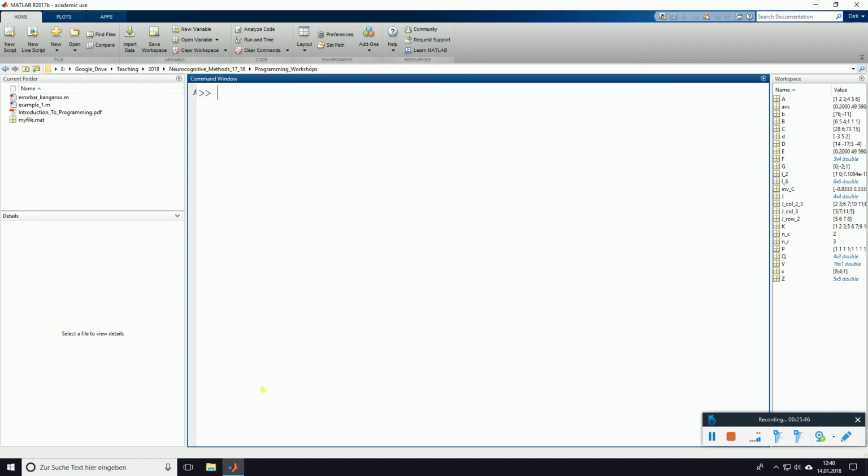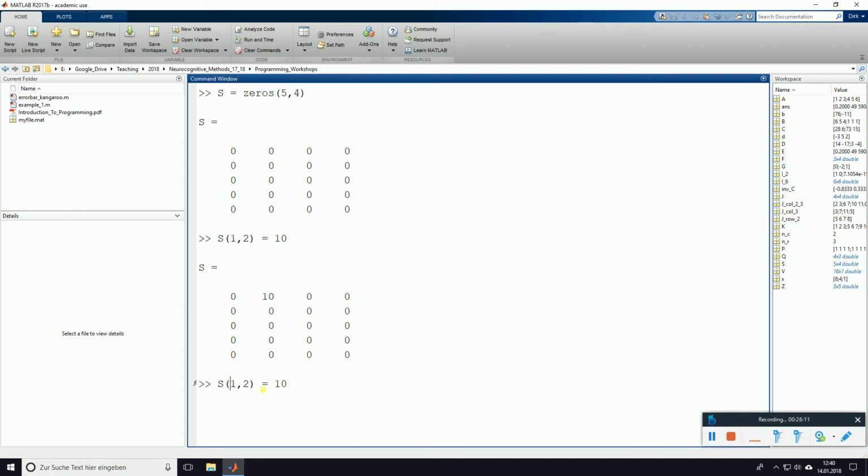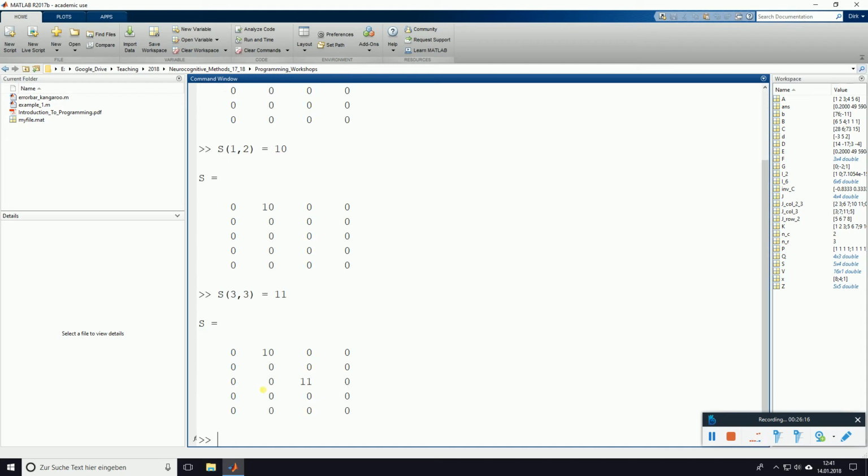Now to create a sparse matrix that looks like that, let's first visualize what I mean. So we have a 5 by 4 matrix, and I said we have an entry at 1, 2, which is 10, at 3, 3, which is 11, and at 5, 4, which is 12. So we have this matrix.